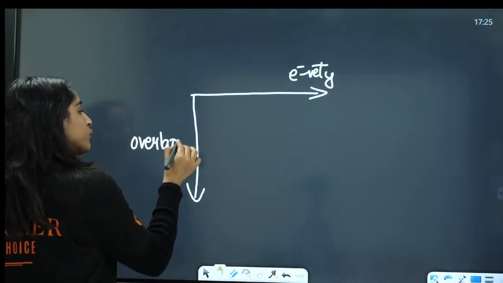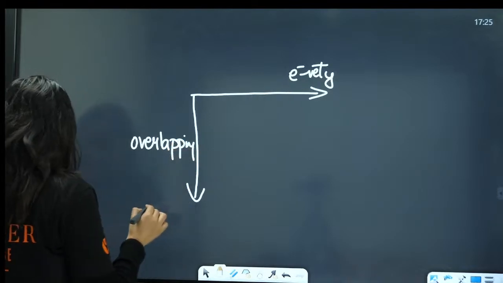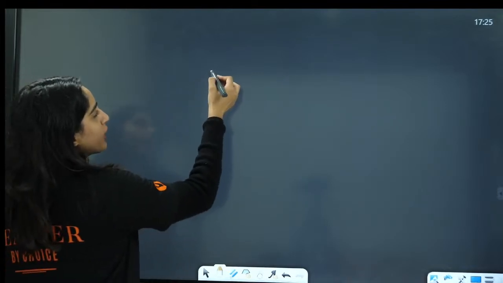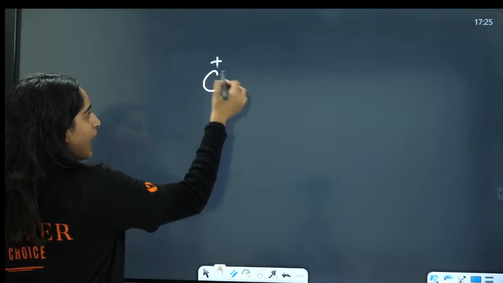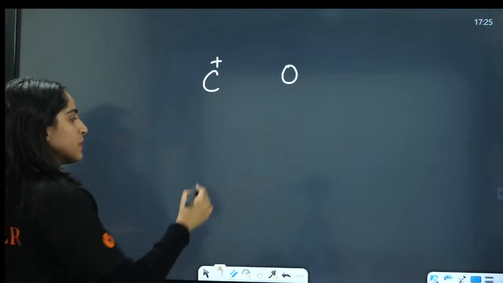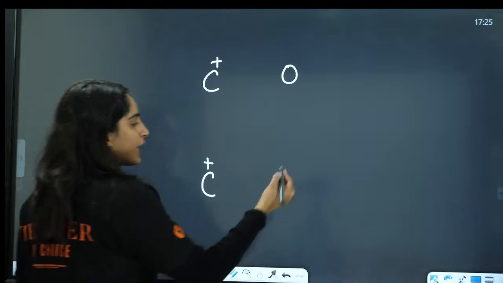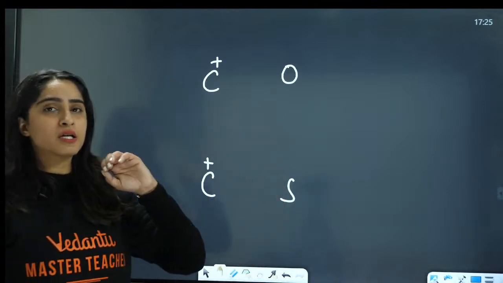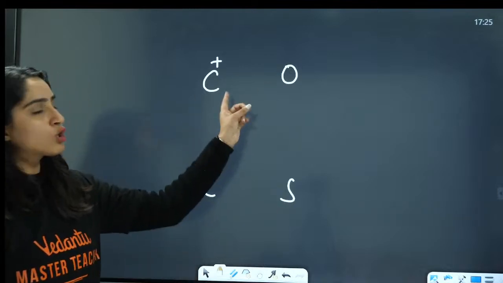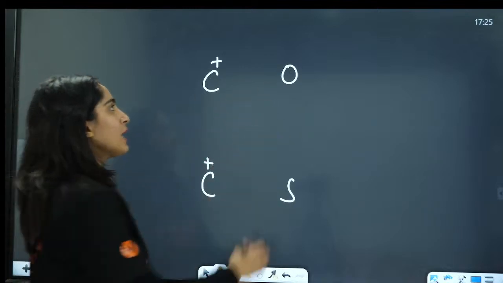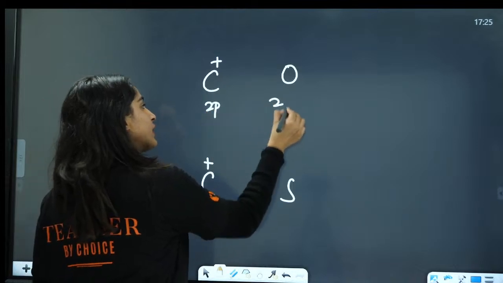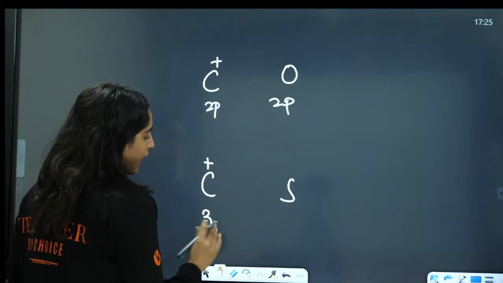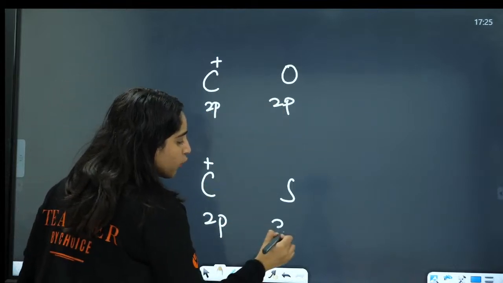Here we are going to focus on the overlapping. So, if we are talking about a carbon atom and an oxygen atom, and here a carbon atom and a sulfur atom. Carbon and oxygen belong to the same period, right? So here 2p-2p overlapping will be there, and here you will have 2p-3p overlapping.